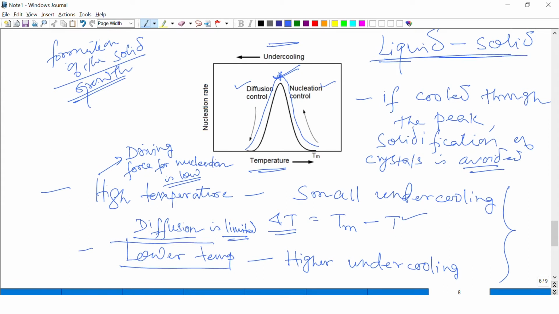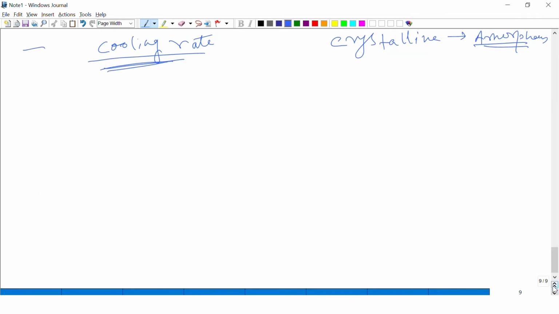So, therefore, we need to see how this diffusion of atoms is going to be affected by the process parameters, particularly the cooling rate. Okay. So, that is what we were discussing here, how the cooling rate is going to affect this transformation between crystalline to amorphous structures. Okay.